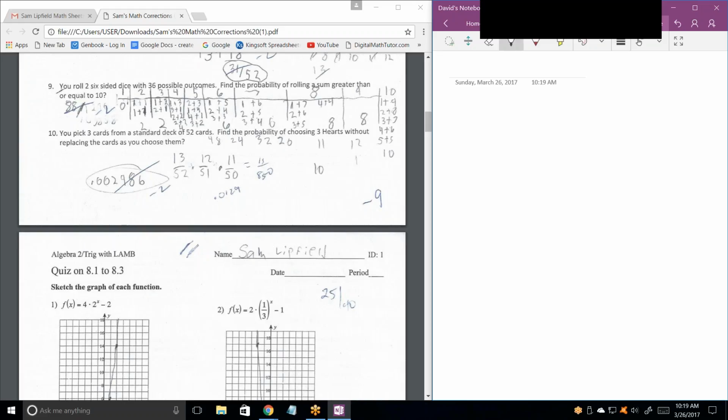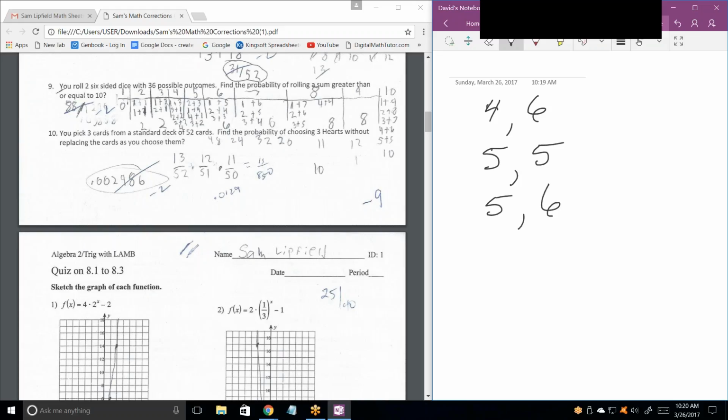Well, greater than or equal to 10. So let's see. The lowest would be a 4 and a 6, right? In other words, you couldn't do a 3 and a 7 because there is no 7 on a die. And the other possibility is 5 and 5. The other possibility is 5 and 6.